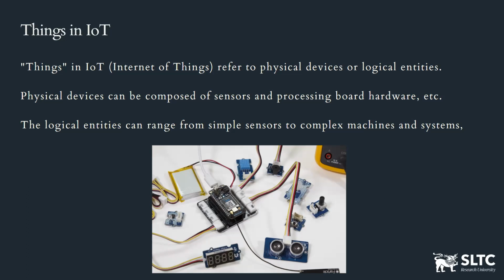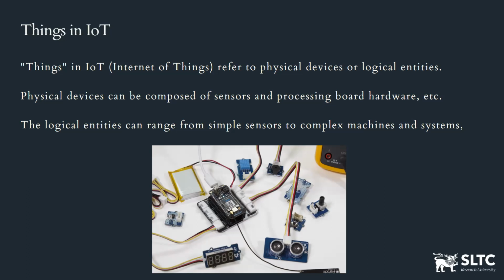These physical devices can be composed of sensors and hardware processing boards, etc. The logical entities or the smart entities can range from simple sensors up to complex machines and systems, right?